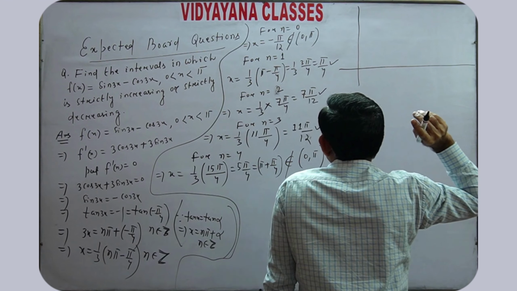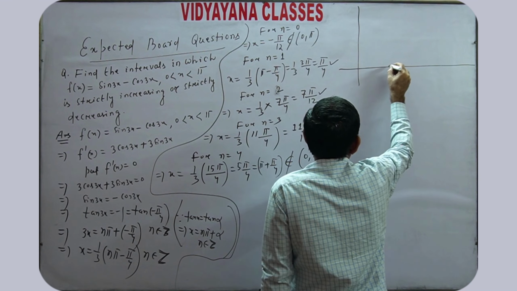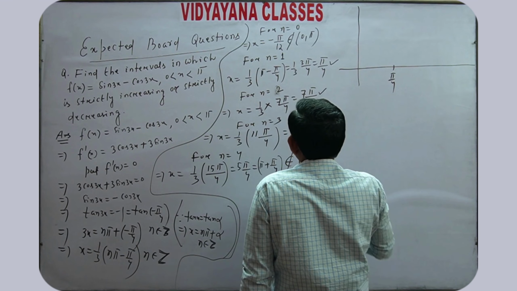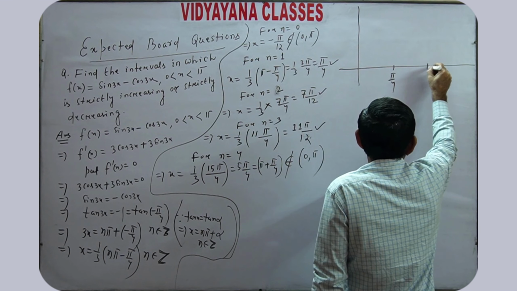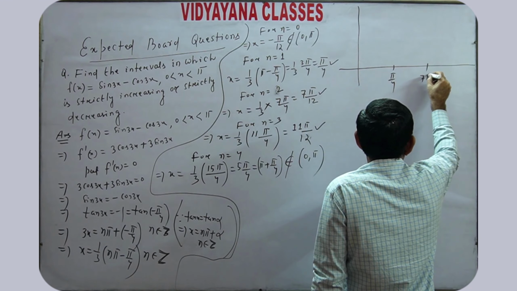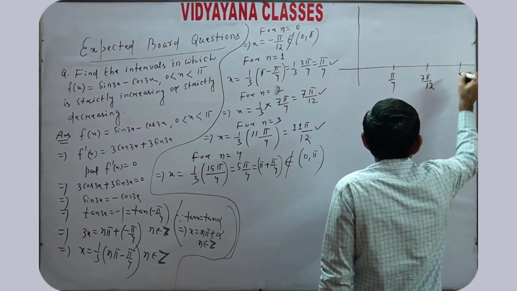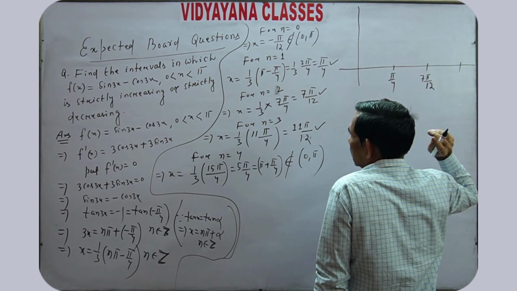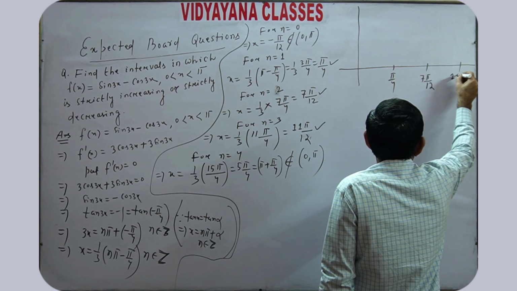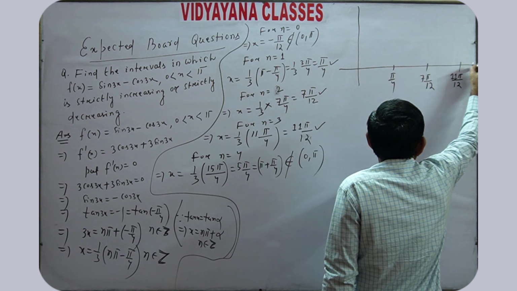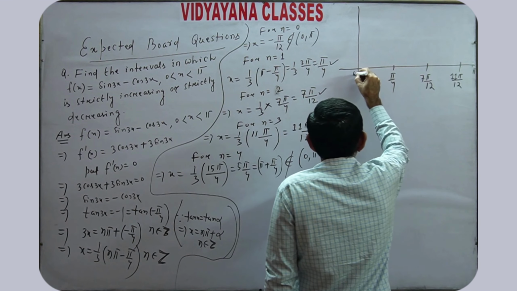First point is pi by 4, then 7 pi by 12, then 11 pi by 12, and it is pi, and it is 0.